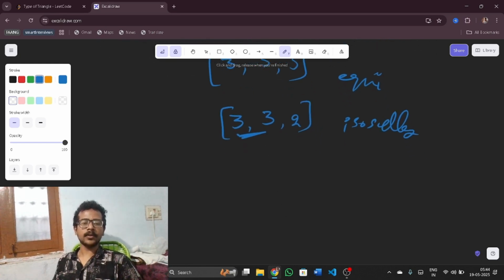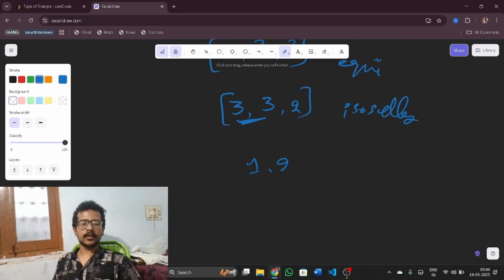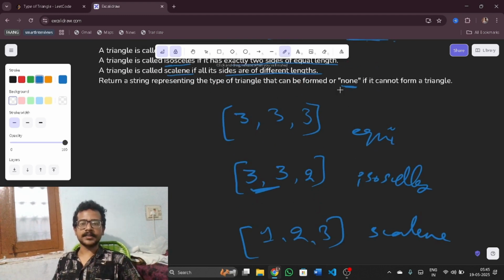If I have 1, 2, 3, at this point I would return scalene. But I also need to return none if it cannot form a triangle.